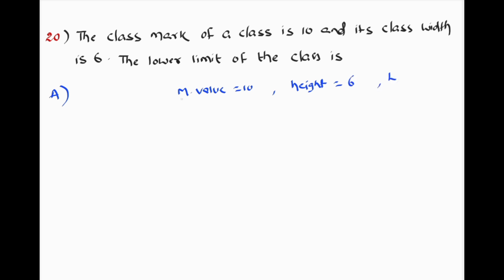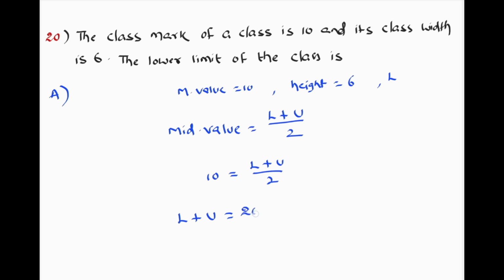We have the formula for the middle value: mid value is equal to (lower limit plus upper limit) by 2. The given middle value is 10. We don't know the lower limit or the upper limit. Therefore, on transposing, lower limit plus upper limit will be equal to 20.